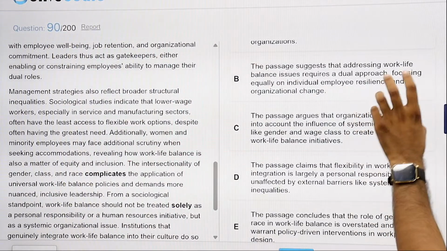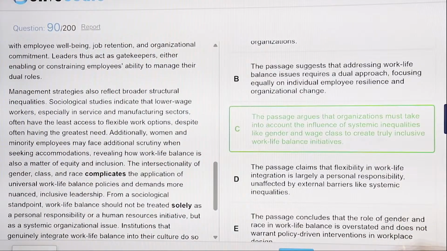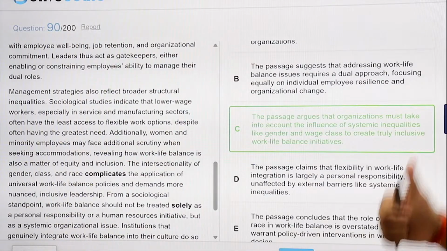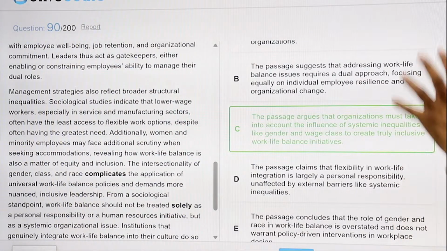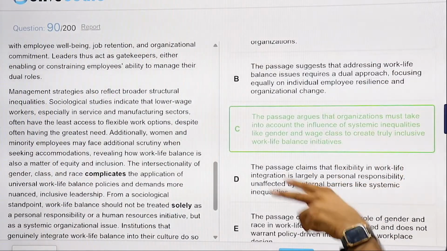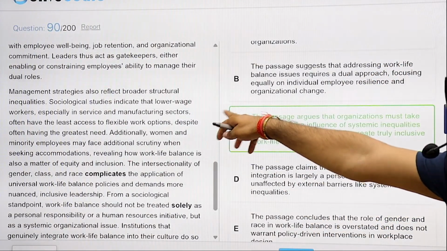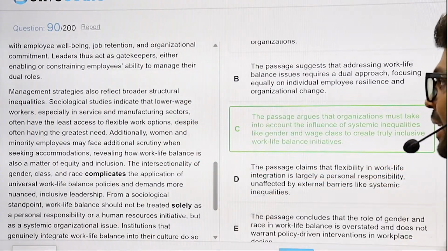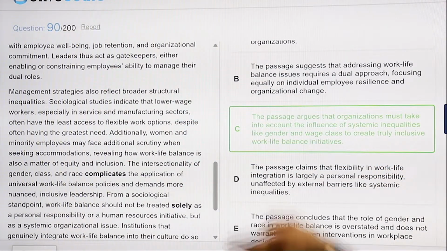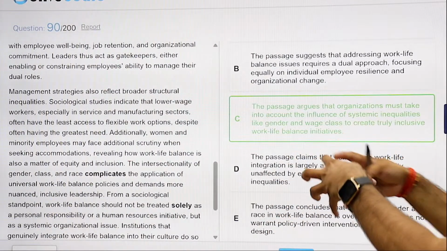Systemic inequalities like gender and wage class to create truly inclusive work life balance initiatives, I think yes, and it is. Absolutely. The passage discusses organizations must take into account the influence of systemic inequalities, maybe in terms of gender, maybe in terms of wage. Lower wage workers have the least access to flexible work options despite often having the greatest need, in order to create truly inclusive work life balance initiatives.